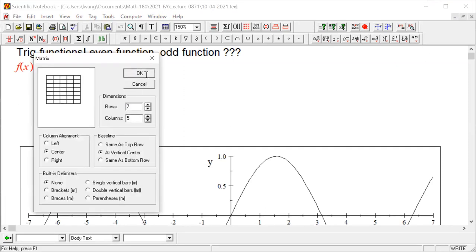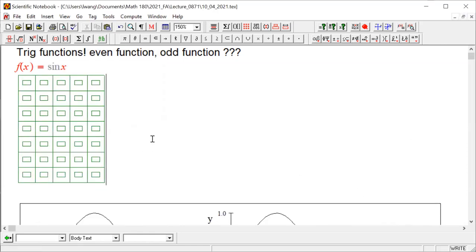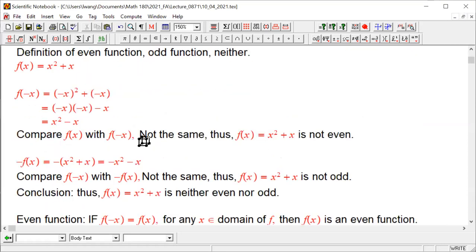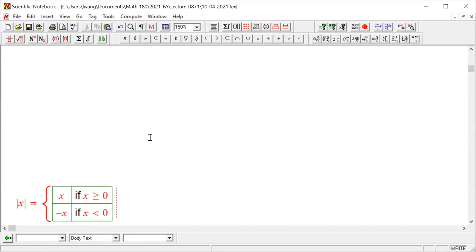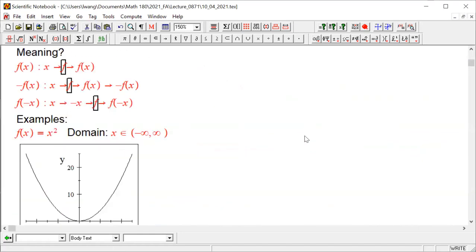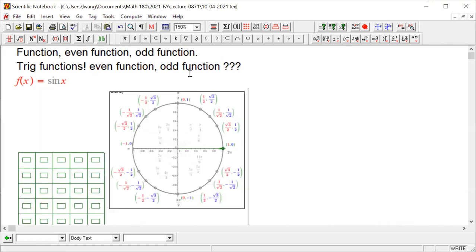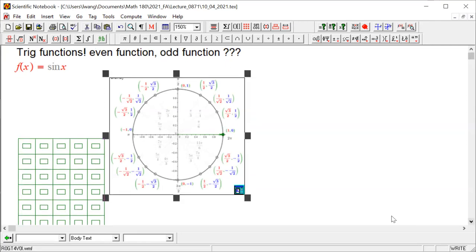To work out this table, I want you to use ARD, and I'm going to bring back my unit circle, to see how we can use this unit circle to observe the even or odd situation of the function.